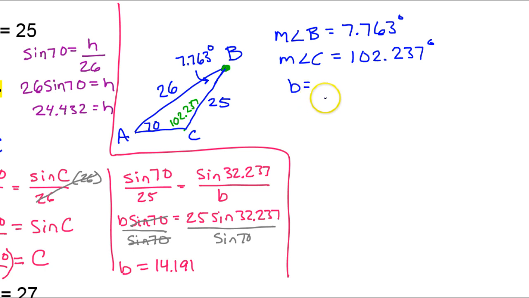So the only thing we're missing now is side B. And side B is this down here. So guess what? We can now use the law of sines to find this, no problem.